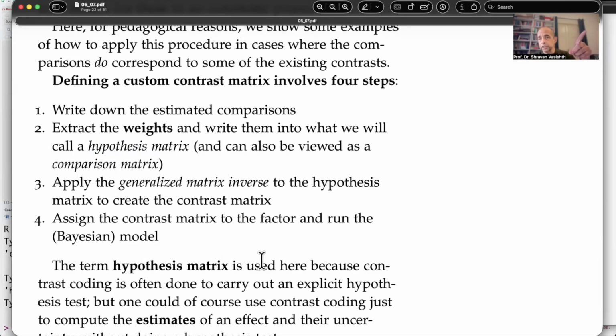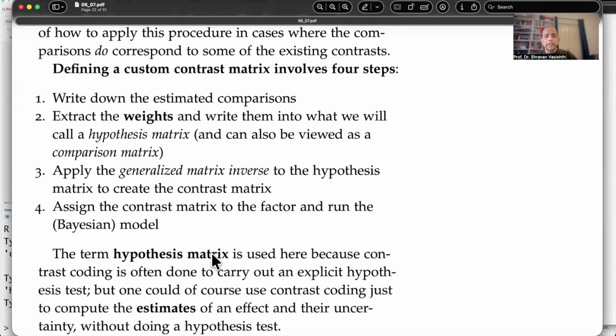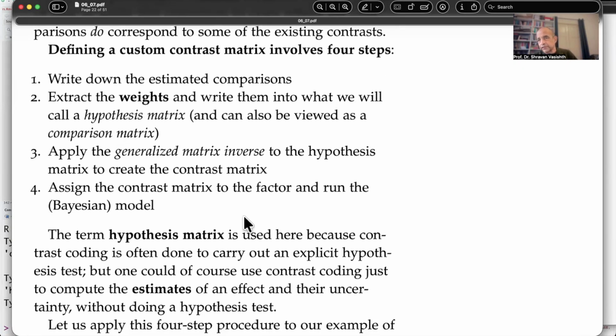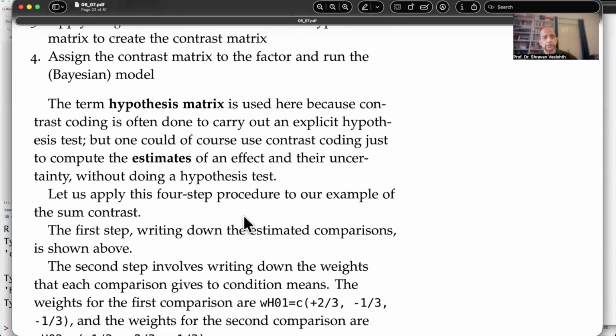That's what goes into the linear model for the comparisons. Okay. And then we just assign that contrast matrix to the factor levels, and then run the model, frequentist or Bayesian, doesn't matter.